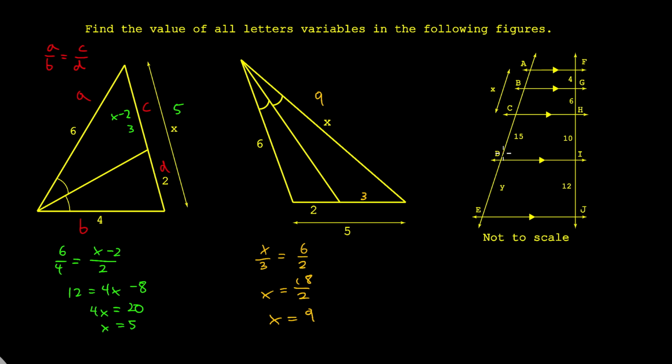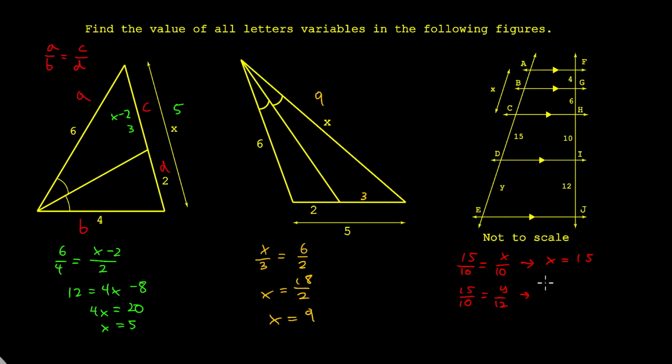So CD to HI is 15 to 10. So that will equal X, this one, over 4 plus 6, which is 10. So that will be X over 10. And therefore, X equals 15. Then 15 over 10 equals Y over 12.